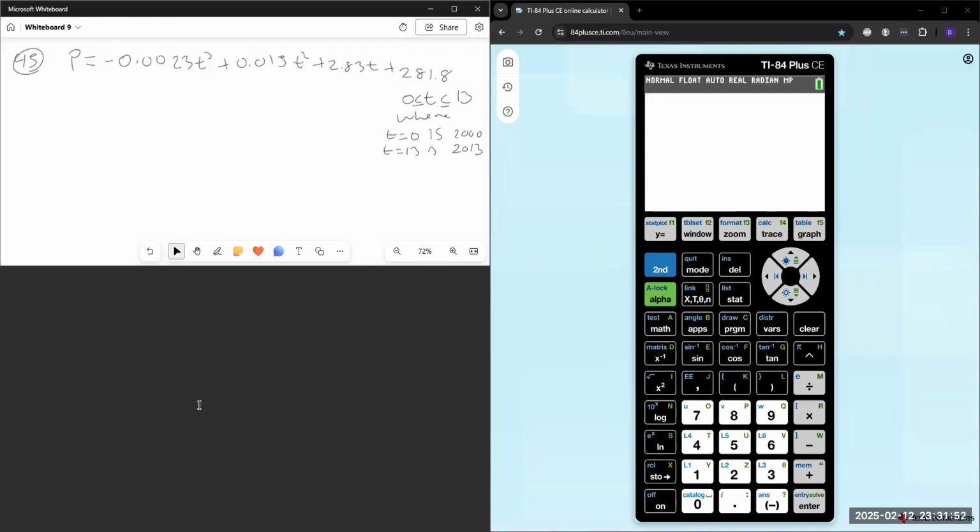So we want to make a conjecture about the maximum and minimum populations of the United States from the years 2000 to 2013.